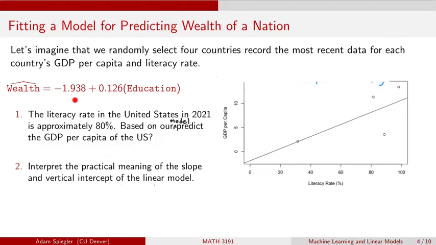And we found that the values for beta 0 and beta 1 that best fit this data are that beta 0 is approximately minus 1.938, and beta 1 is approximately 0.126. And so we can see that picture plotted over here. So my sample had 4 values.